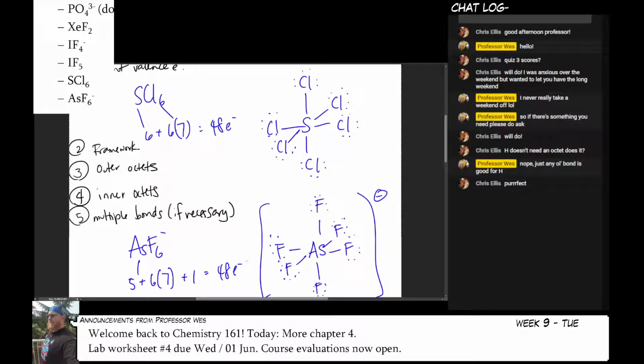What do you know? And so they look exactly the same, don't they? I have something in the middle with 6 atoms coming off of it. And that's going to be true for these types of structures, is the electron count is going to basically dictate what you get. And the identity of the atoms is not super important. So we'll discuss that a little bit more when we talk about geometry. So we'll do that after the break.